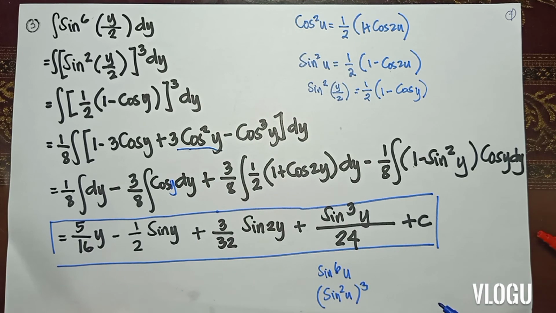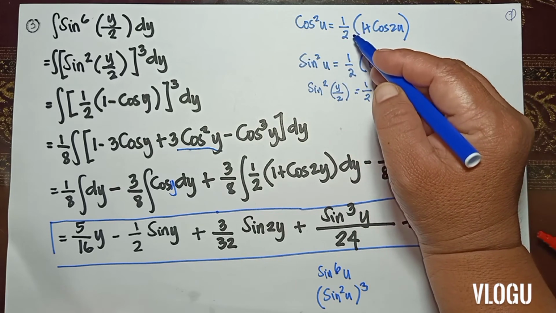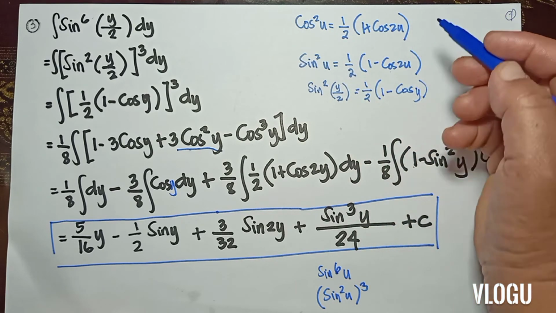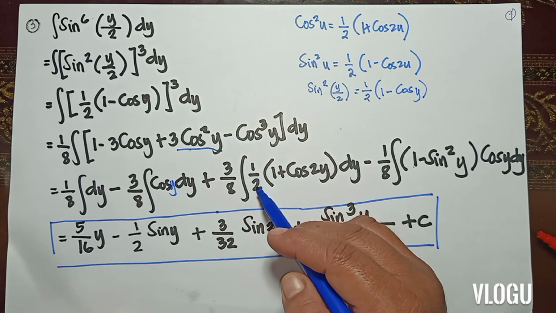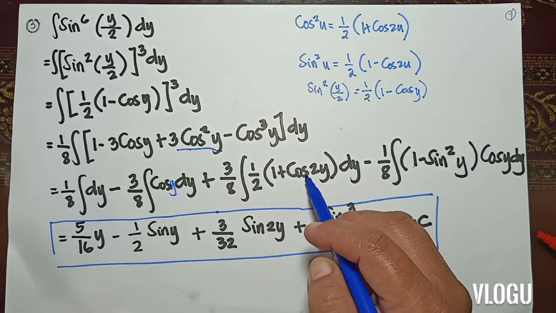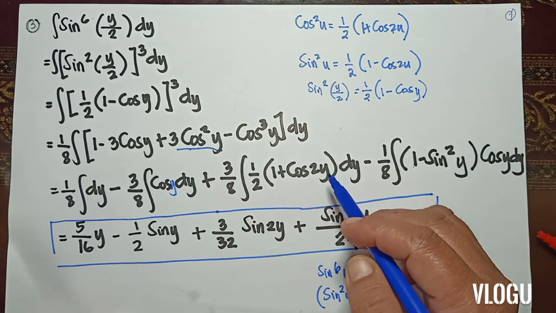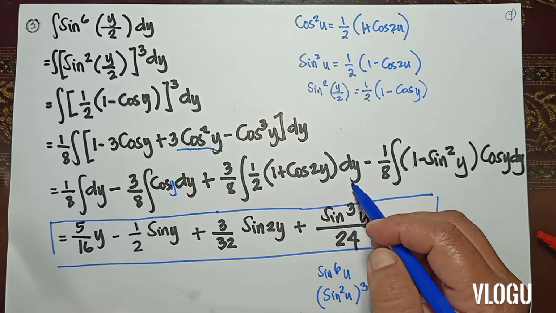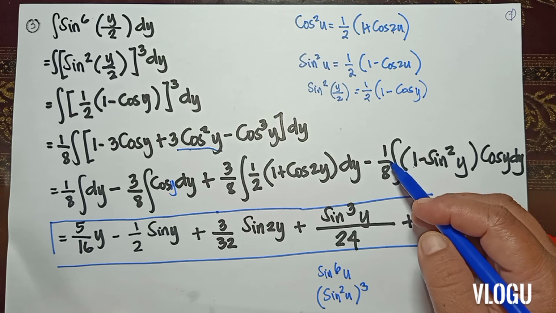The integral of cosine squared is equivalent to 1/2, 1 plus cosine 2u. Your u is y, so you will have 1/2, 1 plus cosine 2y, cosine 2y dy. So minus 1 over 8.